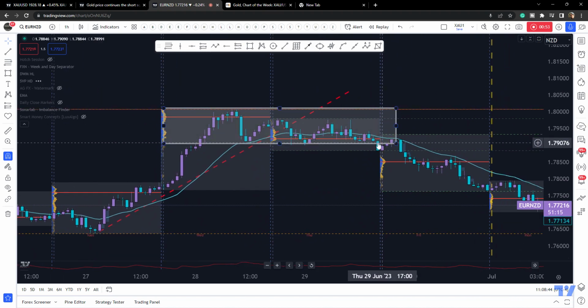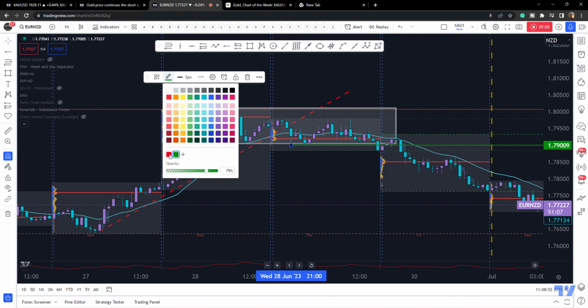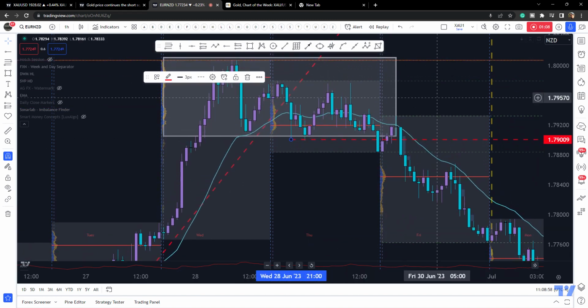So Thursday we sort of cracked those lows, which were here, down there. So that now becomes resistance. We broke those at the end of Thursday.